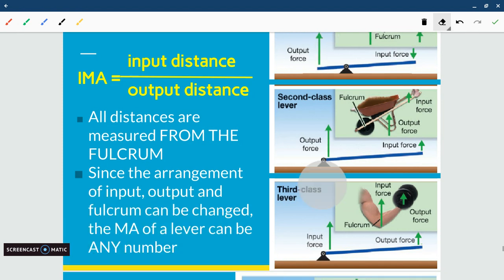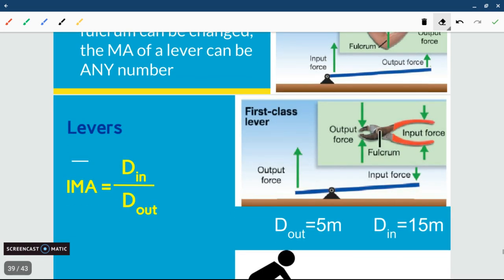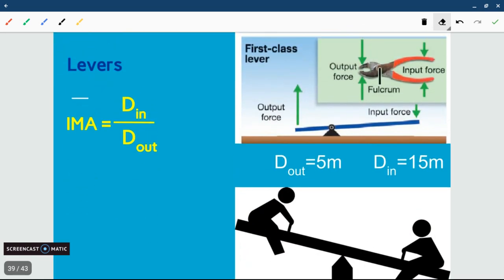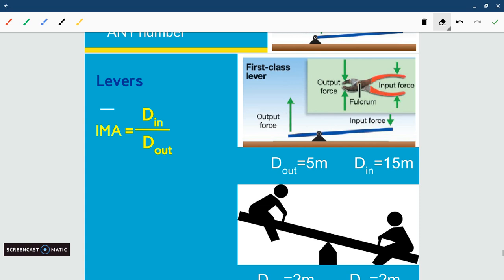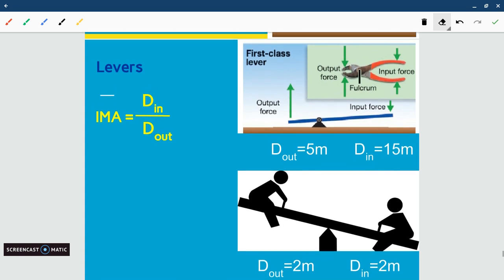Okay, so if we look at some examples, the way that I abbreviate this is D in over D out. We have first class levers in the first example. With all the lever ones, I'm only doing ones where you calculate the IMA, just to show you that it can be any variety of numbers.